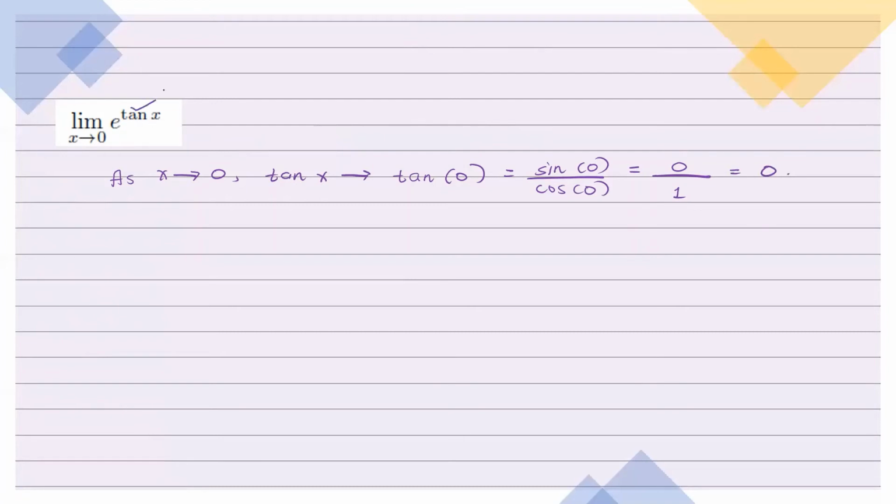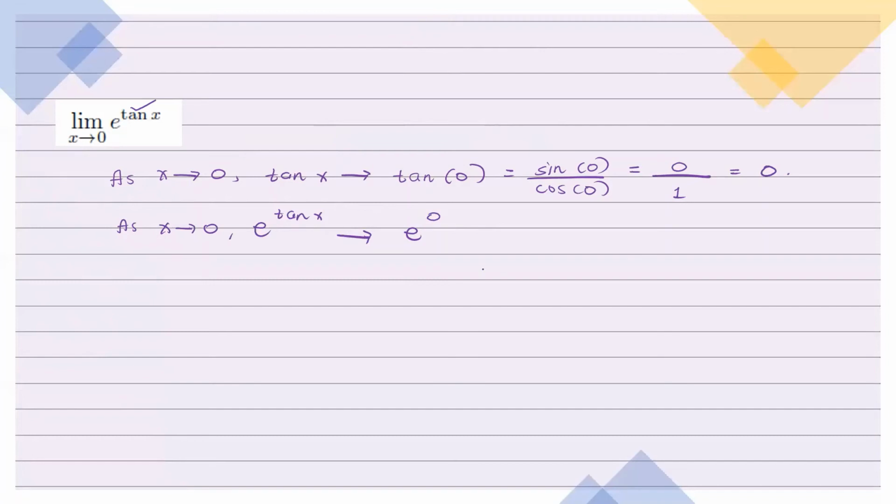Tapos papalabas lang tayo. Okay na sa tangent x, ang next na ay yung exponential with base e, yung natural exponential function. So here, as x approaches 0, e to the tangent x will approach e to the, ano yung ina-approach ng tangent x? 0, di ba? Okay? But ano nga po ulit ang e to the 0?